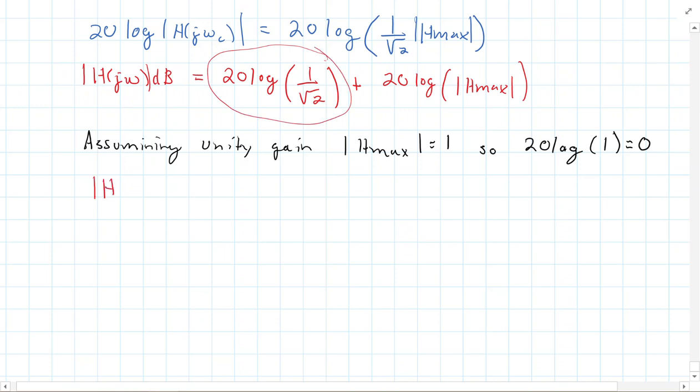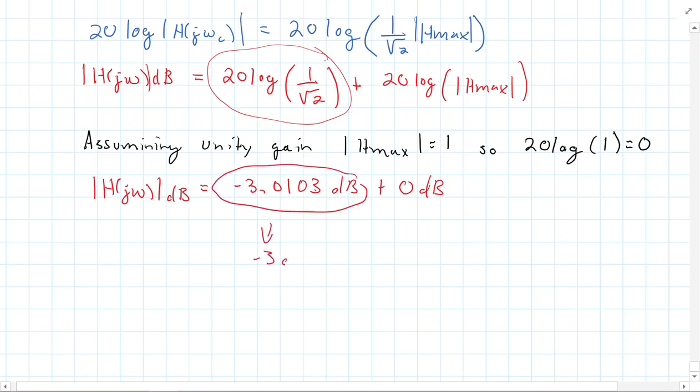I encourage you to do it on your calculator just to prove to yourself that this is true. Technically, you get minus 3.0103 decibels plus 0 decibels. Minus 3 dB corresponds to the cutoff frequency.